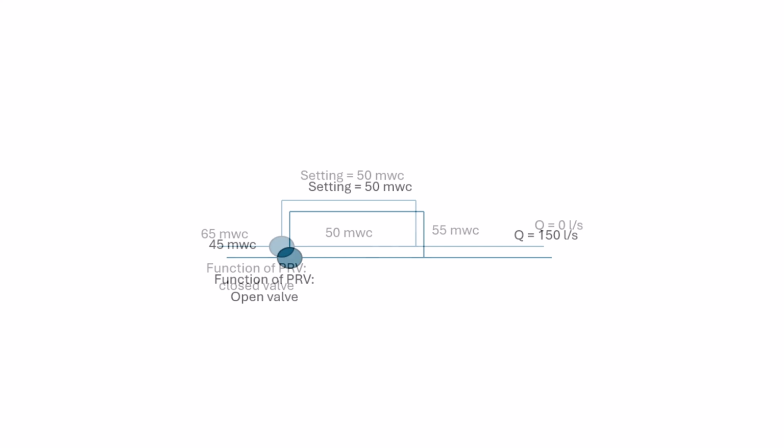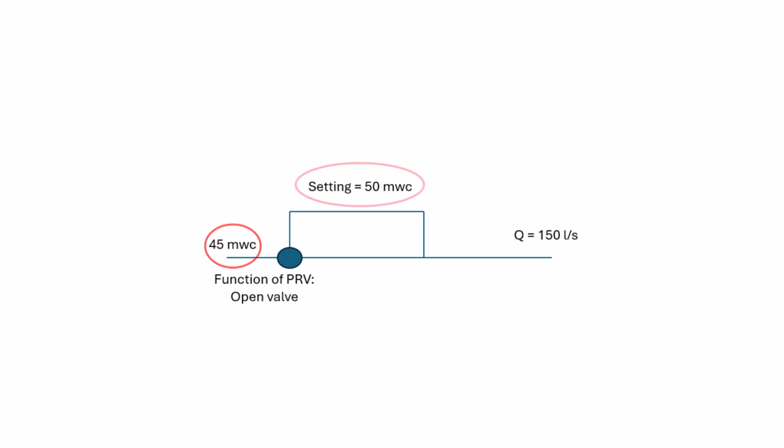Lastly, we have a situation that can be common for extraordinary situations, like when we have an outfall of a water distribution element, or there is water demand for firefighting purposes. This is when the pressure on the high pressure side is lower than the setting of the pressure reducing valve.